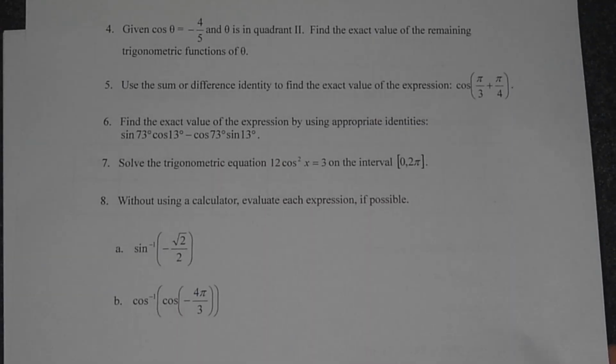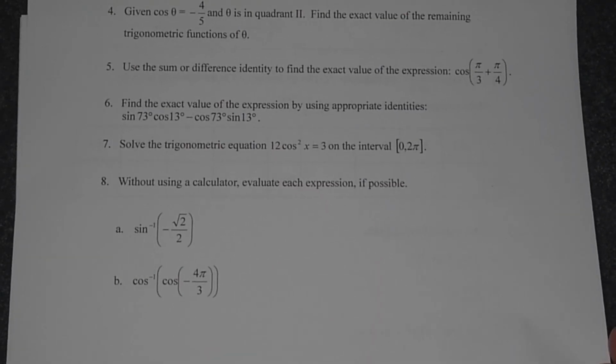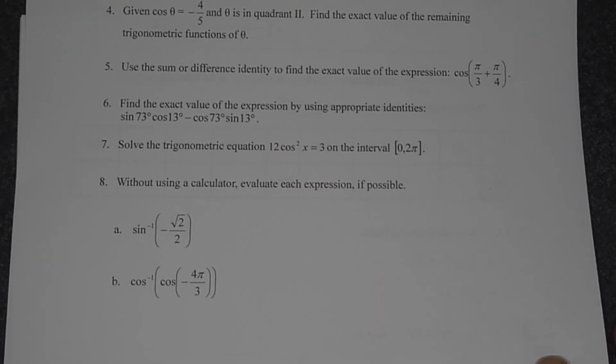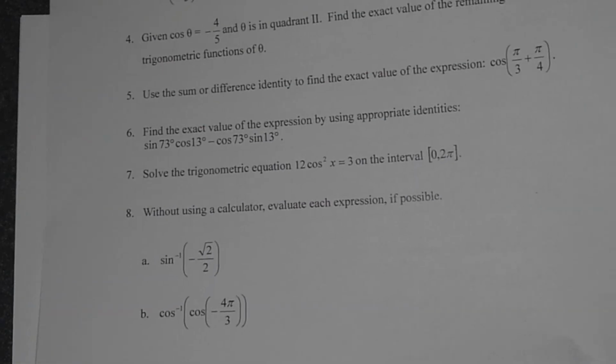Okay, problem number 7 looks like this. And this is a trigonometric equation that we're going to solve. We got 12 cosine squared of x is equal to 3 on the interval from 0 to 2 pi.